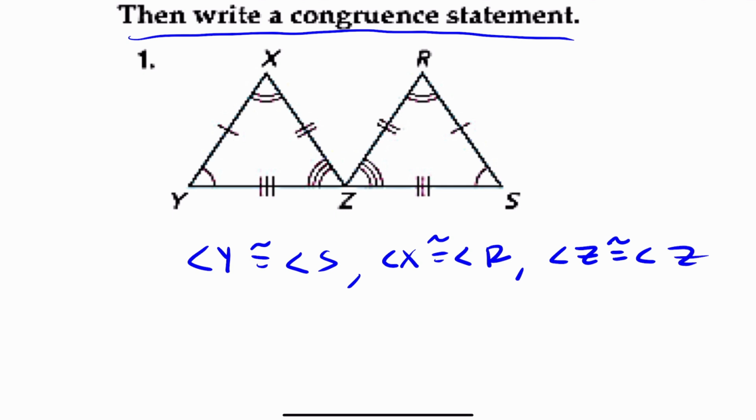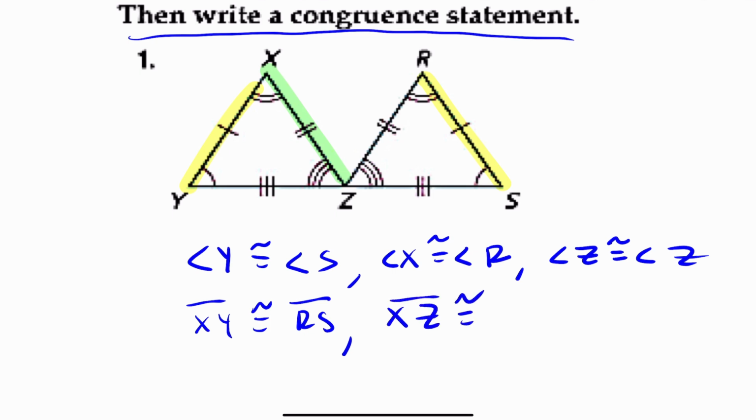Then I look at the sides. We know those two things are congruent, so segment XY is congruent to segment RS. And then we can see that segment XZ is congruent to segment RS.